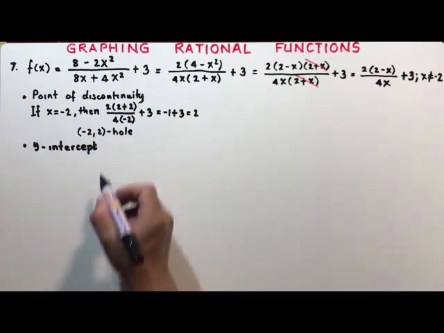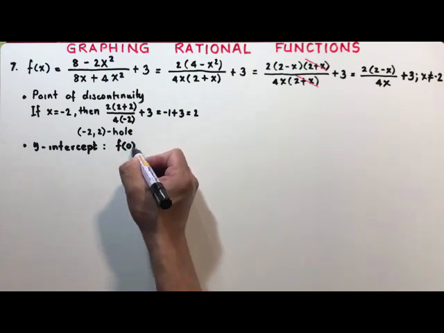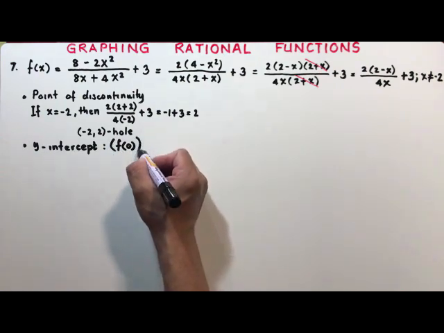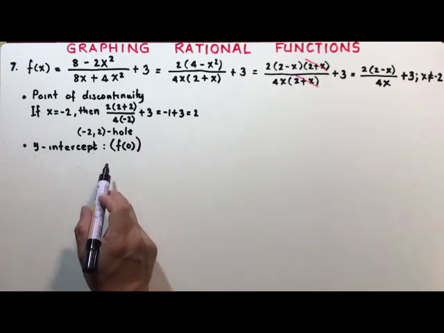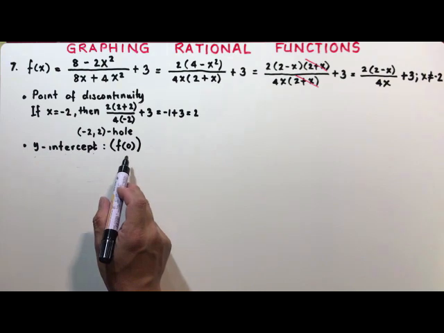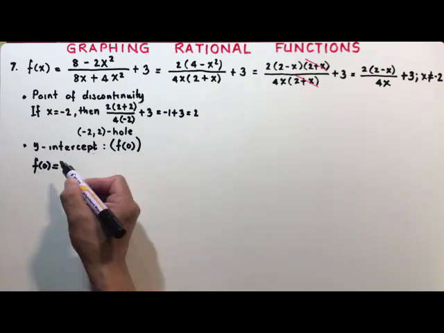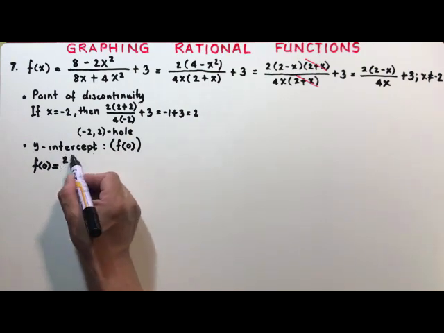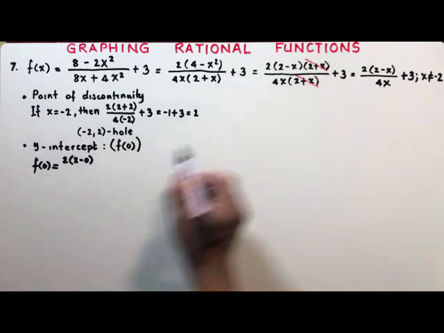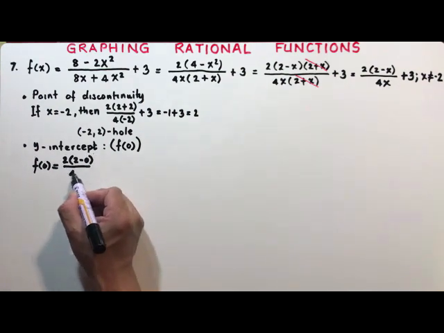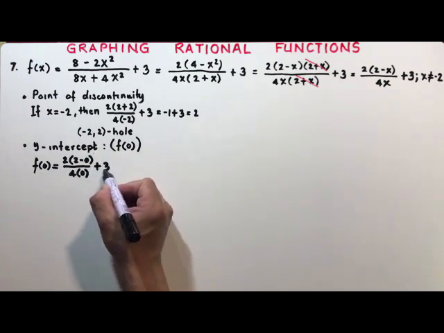Now again, to find the y-intercept is to evaluate the function at x is equal to 0, because at the y-intercept, x is equal to 0. So evaluating the function at x is equal to 0, we have f of 0, which is equal to 2 times 2 minus 0 here over 4 times 0 and plus the constant of 3.